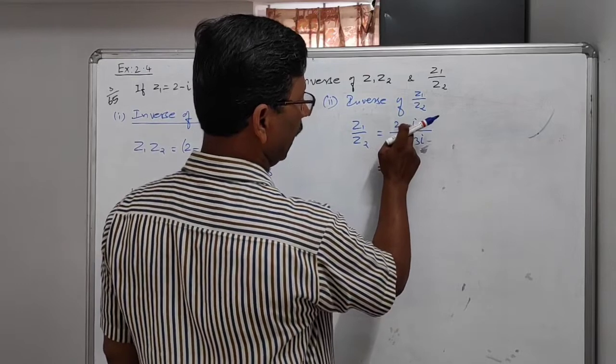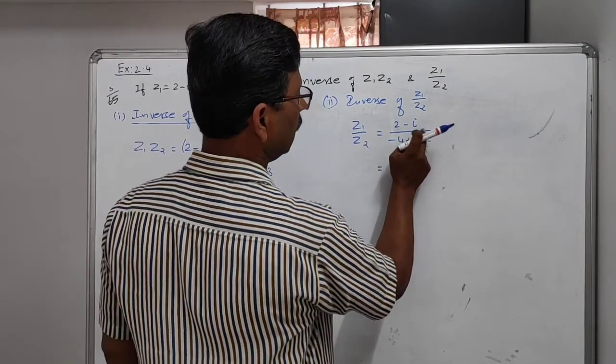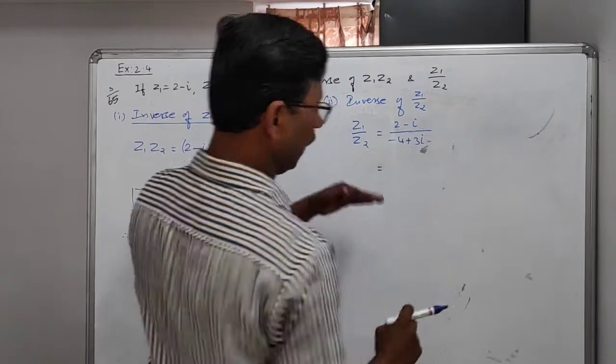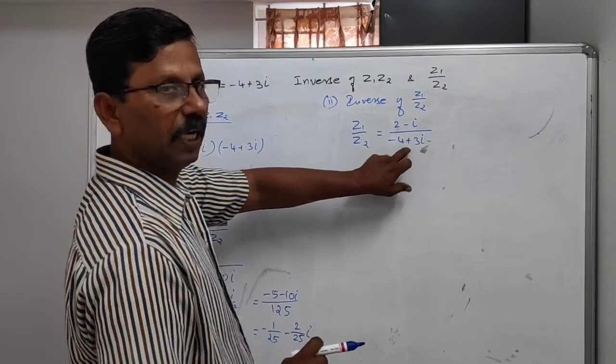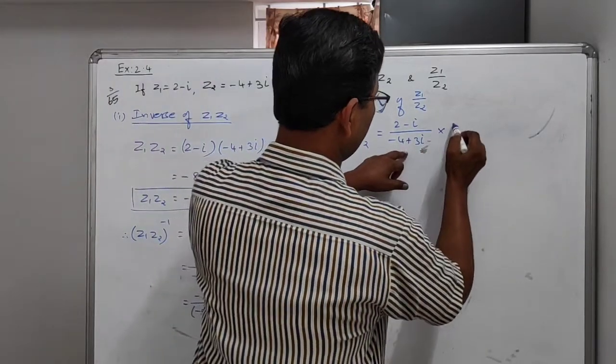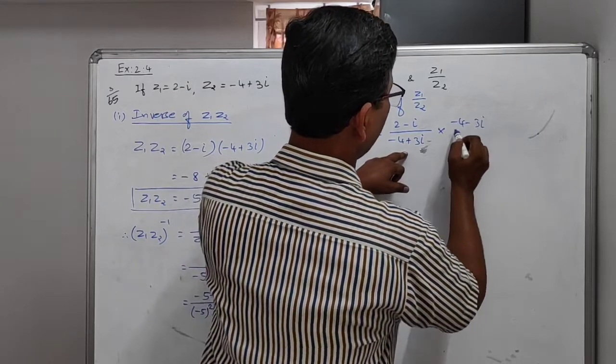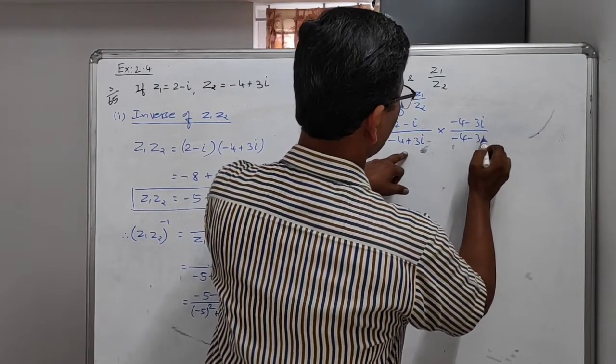Now we have i in the denominator, so this i is to be removed by multiplying and dividing by the conjugate of the denominator. Therefore here also we can write minus 4 minus 3i by minus 4 minus 3i.